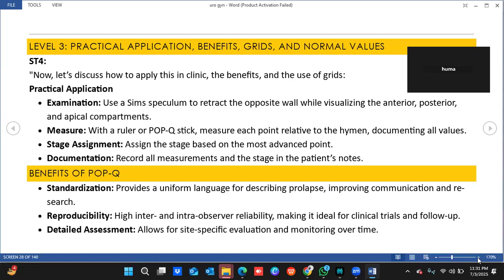It has high inter- and intra-observer reliability, making it ideal for clinical trials and follow-up, as the previous classification systems were biased. By using this system, it also allows site-specific evaluation and monitoring over time.